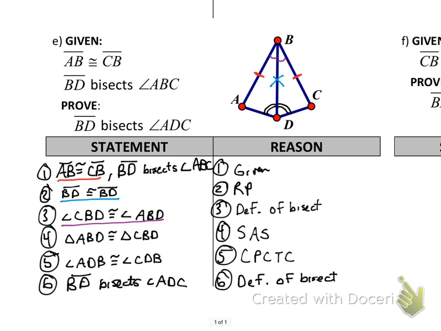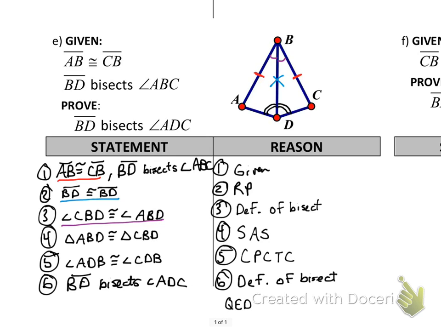So the last thing I wanted to say about this one is that on the test, I will not give you a blank proof that looks like this one. This could show up on the test, and what you'd have to do is maybe I would give you line 2, the statement. You have to provide the justification.